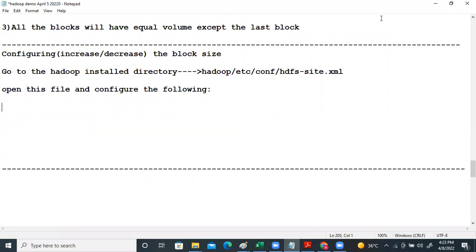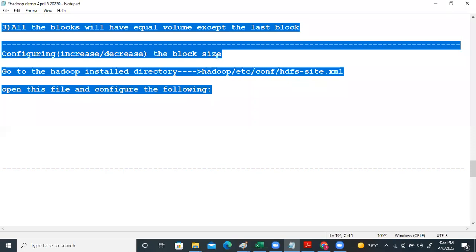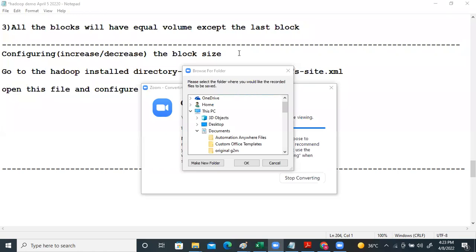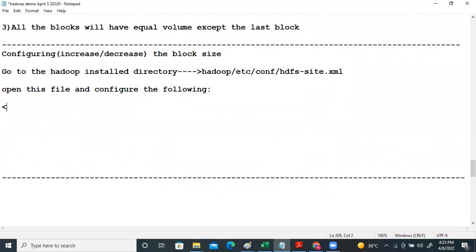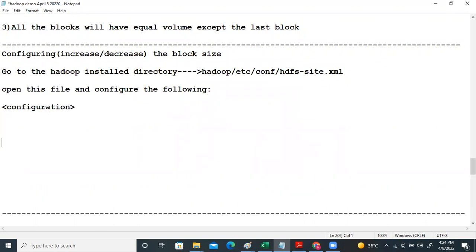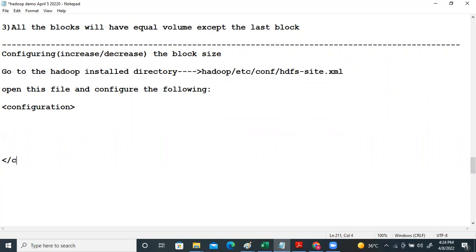An XML file means we need to create our own tags. Configuration, opening and closing.